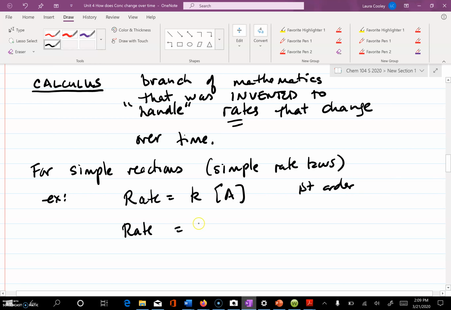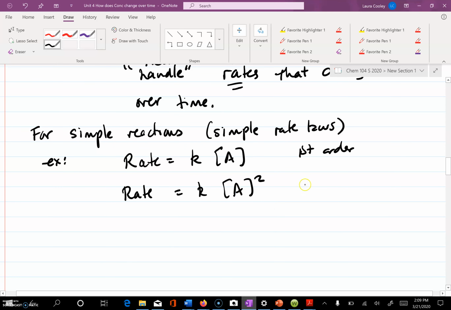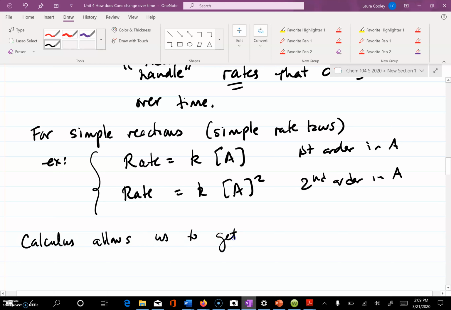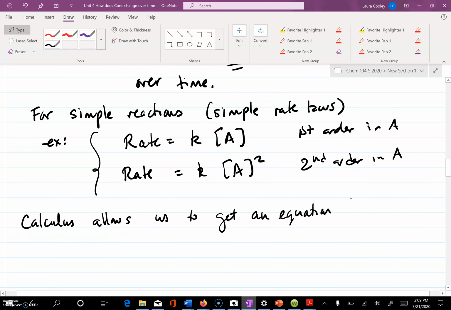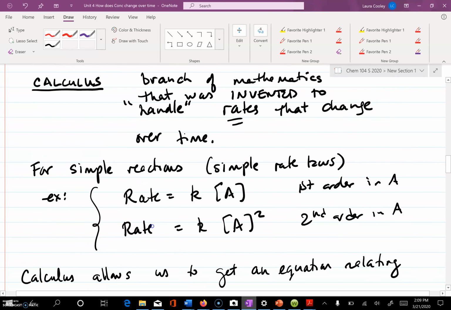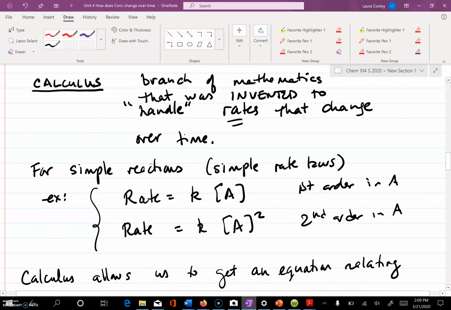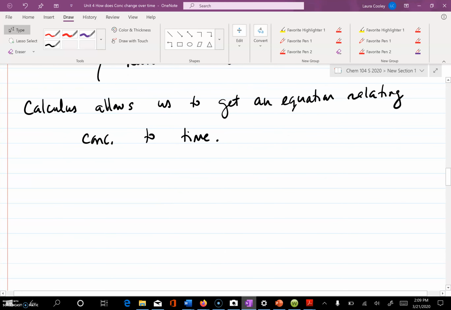Or it could work for a second order if it looks like this, proportional to the square of the reactant, that's second order in A. For these simple reactions, calculus allows us to get an equation like this, that means an equation that relates concentration to time. All right, great.